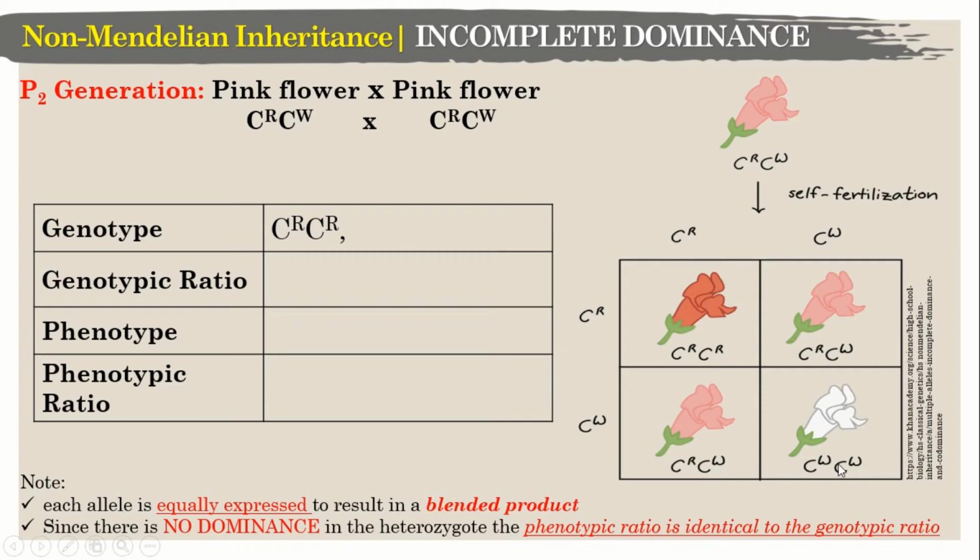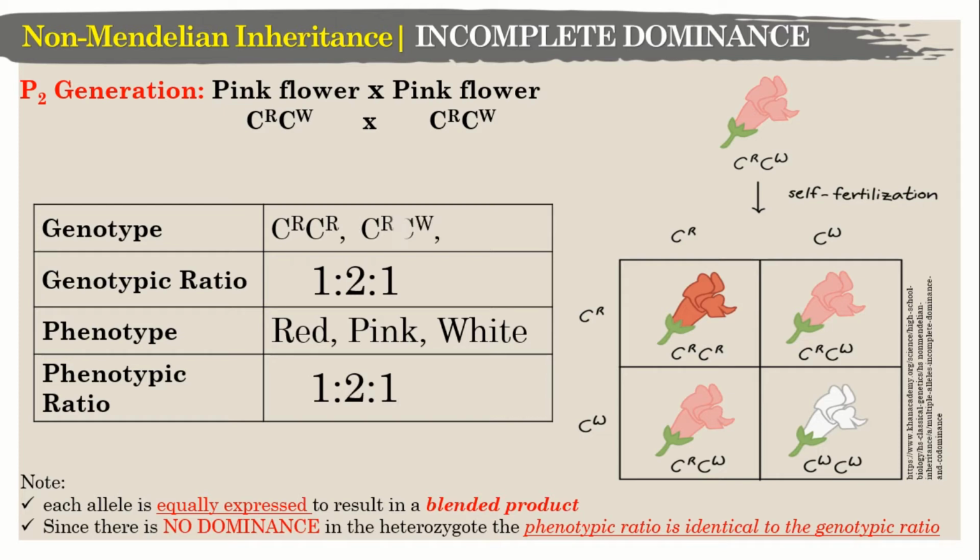So what are the genotypes? You have your RR, you have RW, and then you have WW. So when we get their genotypic ratio, we simply have 1 is to 2 is to 1. Okay, so that means red, pink, and white. Phenotypic ratio, 1 is to 2 is to 1. 1 as your RR, RW as your 2, WW as 1.